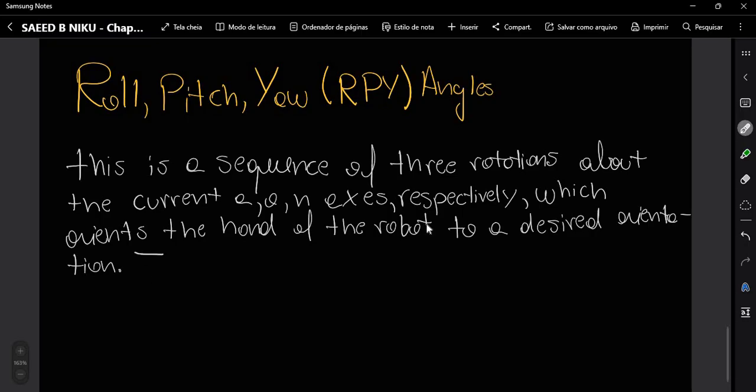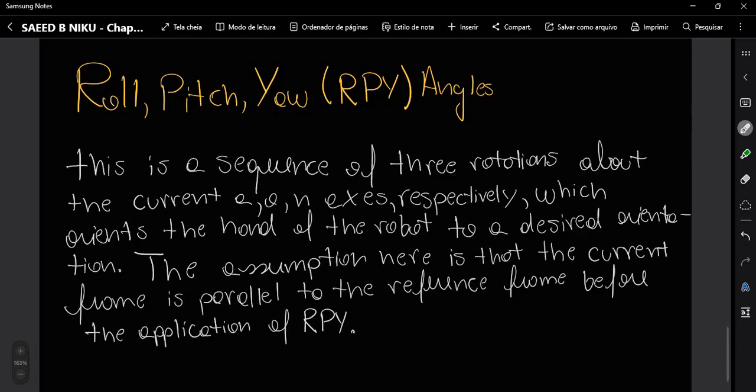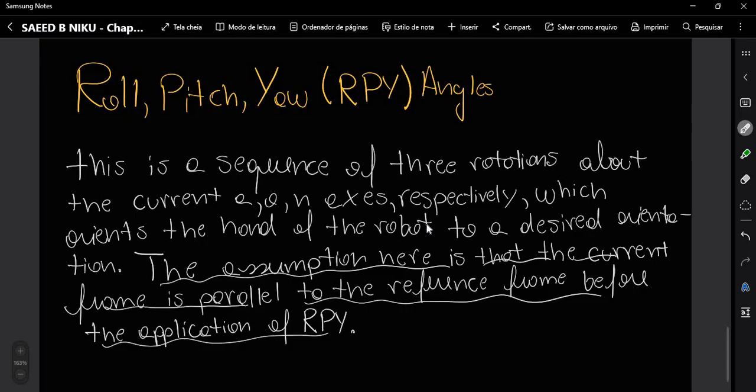The assumption here is that the current frame is parallel to the reference frame before the application of RPY.